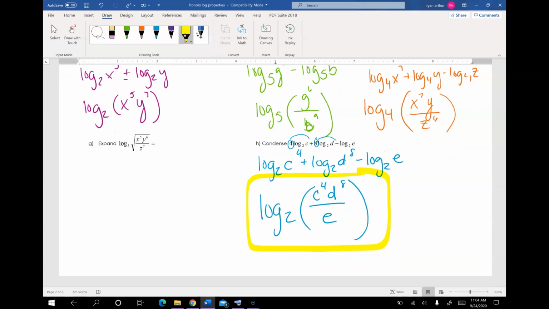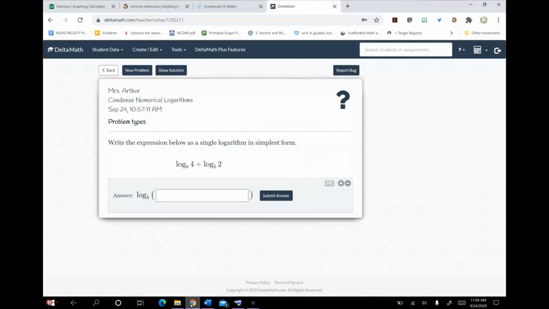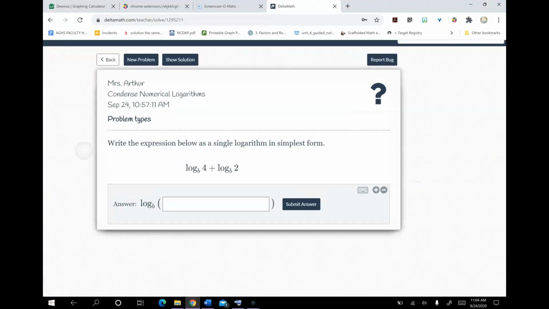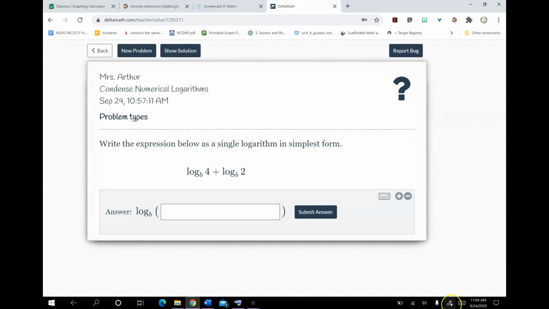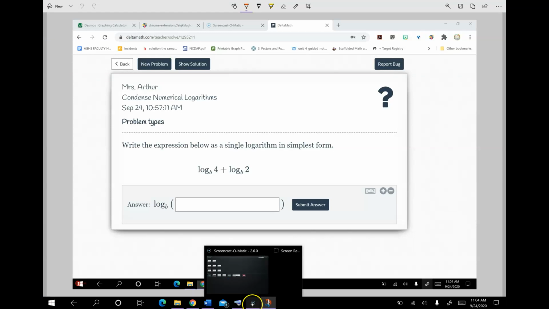All right. So now I want to do a couple from Delta Math because they're numerical, and I want to show you what Delta Math expects as an answer when you're dealing with numerical logs. Okay? So we're going to take a screenshot. I have these two logs.